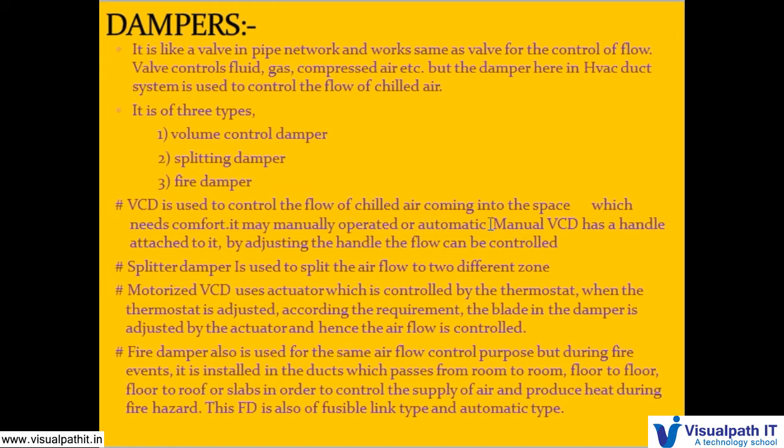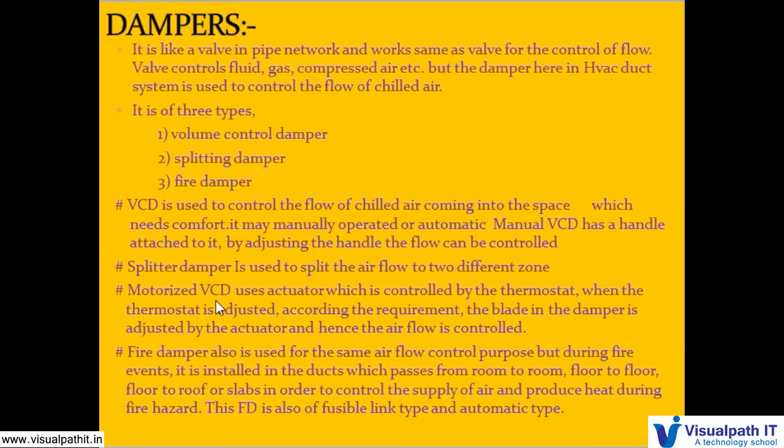If it is automatic, it will have a motorized actuator, which can be controlled using remote controls and such. So a manual VCD has a handle attached to it. By adjusting the handle, the flow can be controlled. And the splitter damper is used to split the airflow to two different zones.